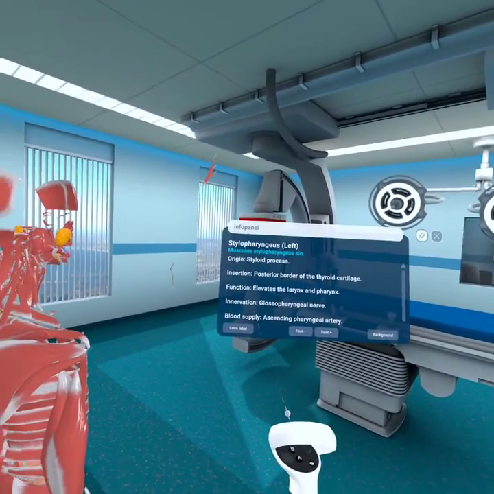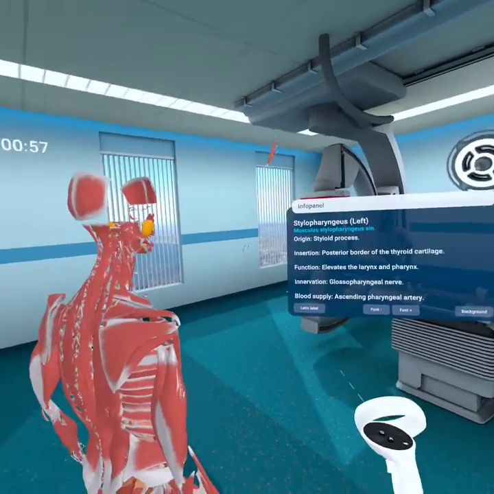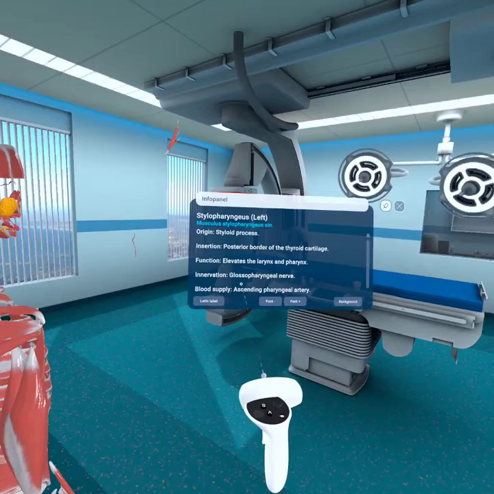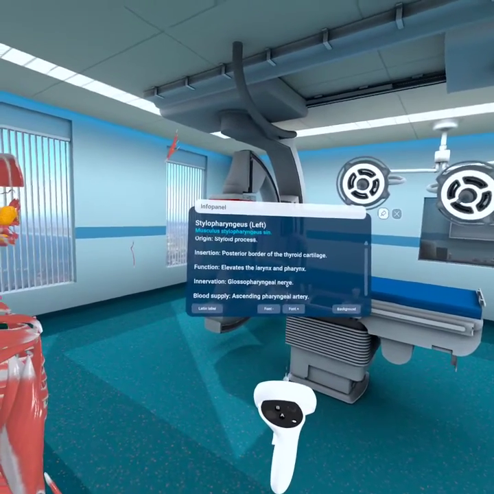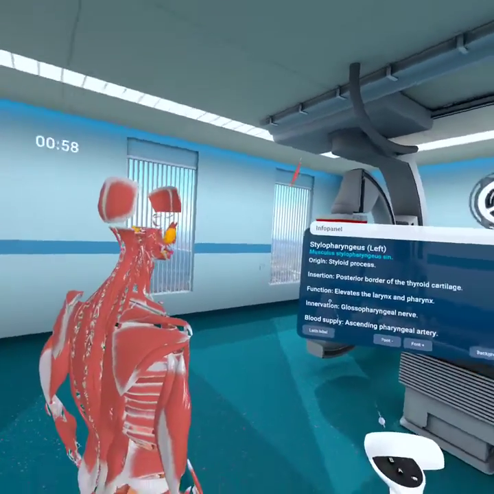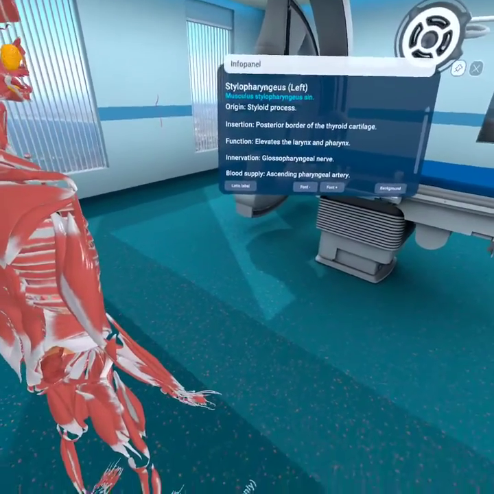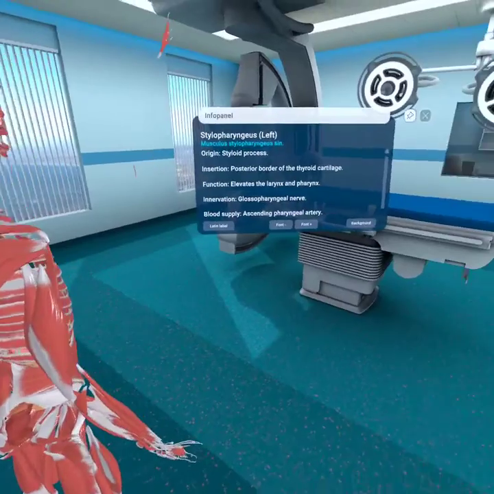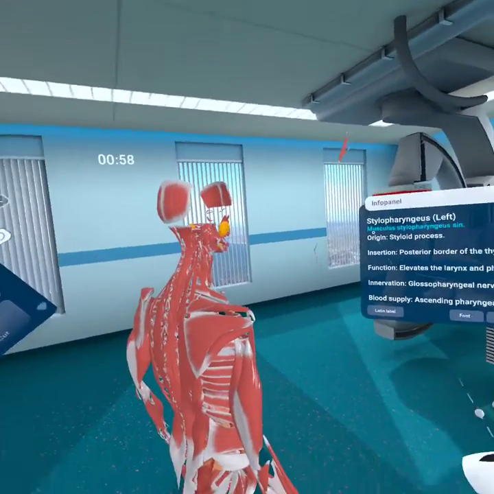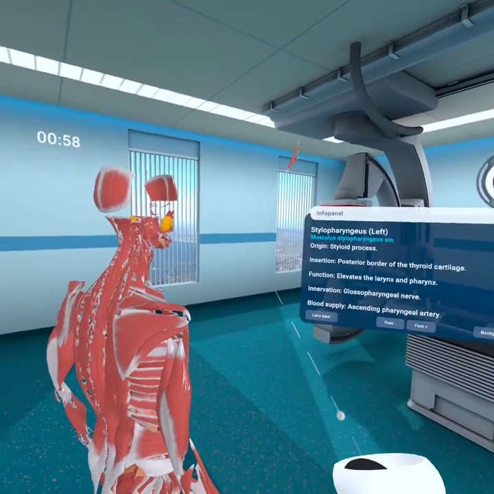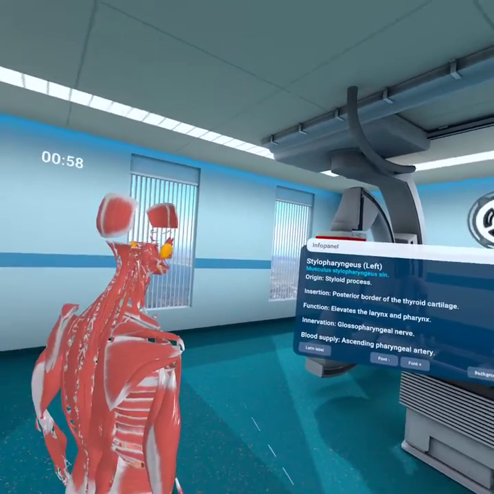And I guess the fashion would be what's making it tick, which would be the glossopharyngeal nerve. And the blood supply, as usual, is the ascending pharyngeal artery. So that's what we have for our stylopharyngeus muscle. We'll put that back.